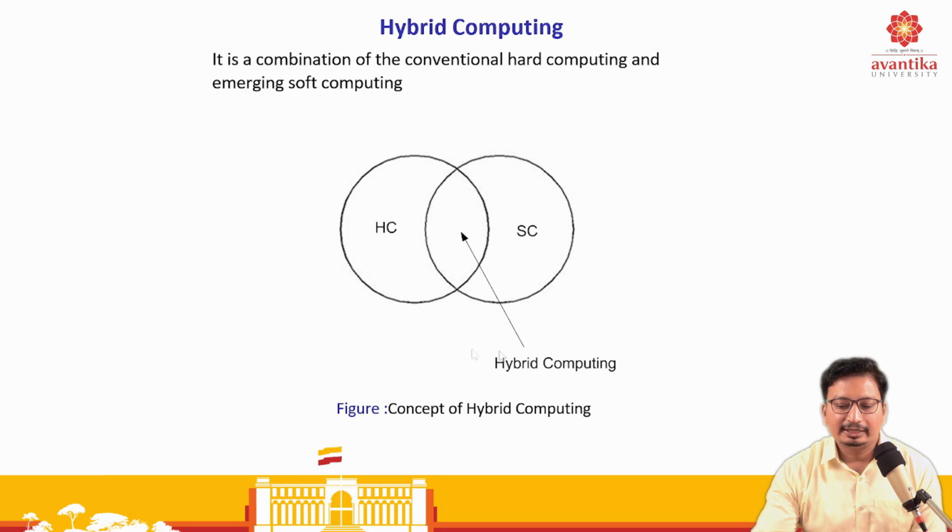As we can see in this diagram, we have some hard computing approaches and certain soft computing approaches, and we have to design a method which is a hybrid of both. Hybrid of both means it may use certain hard computing things and certain soft computing things, so that the solution of the given problem is obtained.